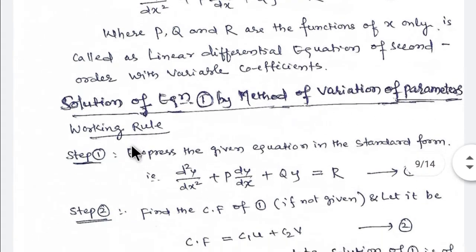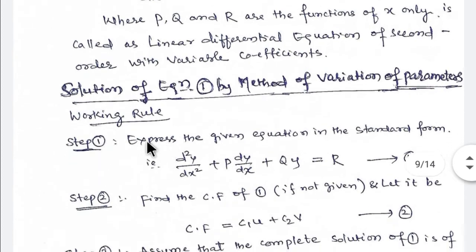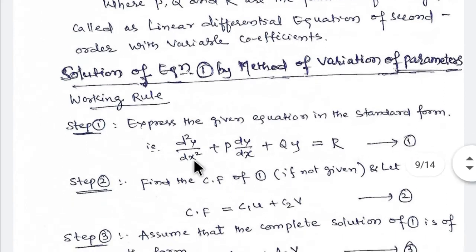A working rule: step 1 says express the given equation in the standard form. That means d2y by dx2, the coefficient of the second order derivative is 1, unity, plus p into dy by dx, where p is a function of x, plus q into y, where q is also a function of x, equal to r, also a function of x.